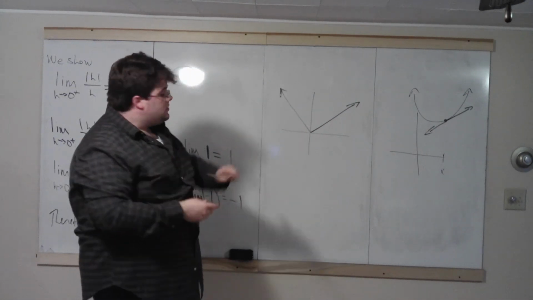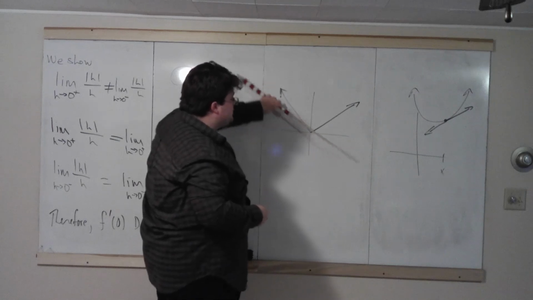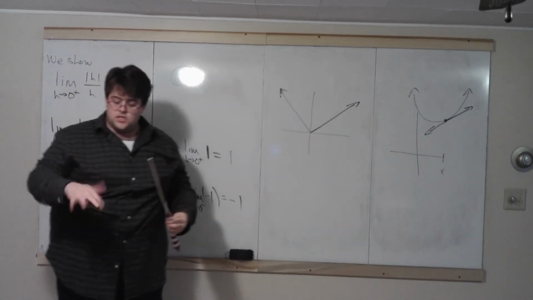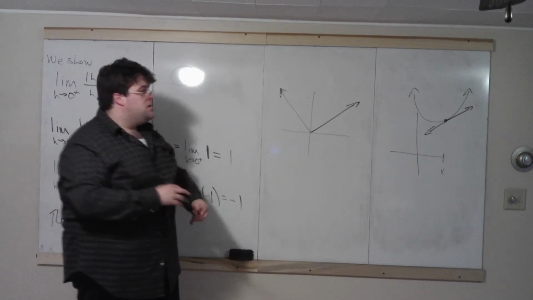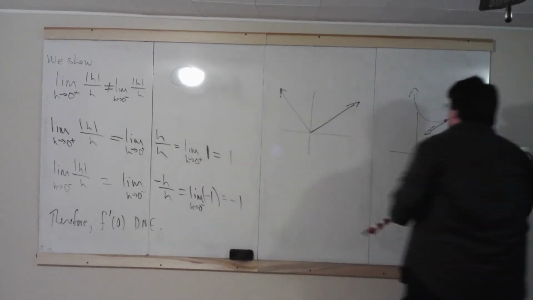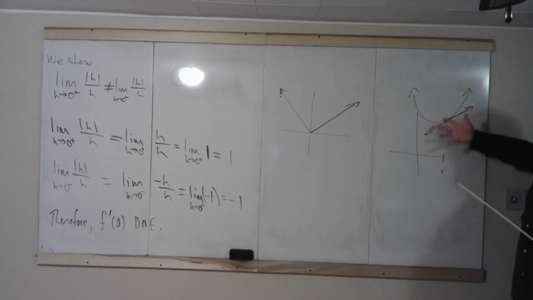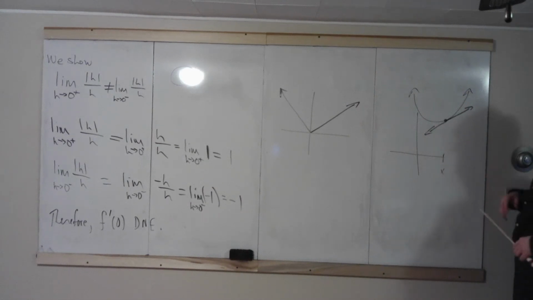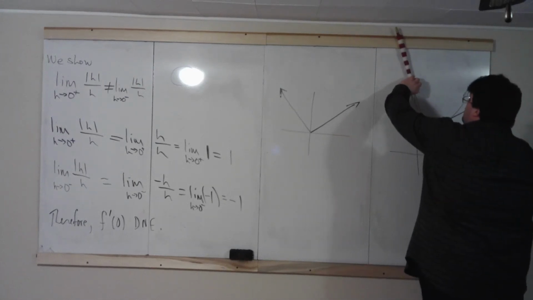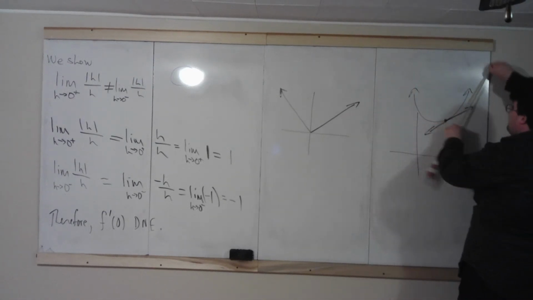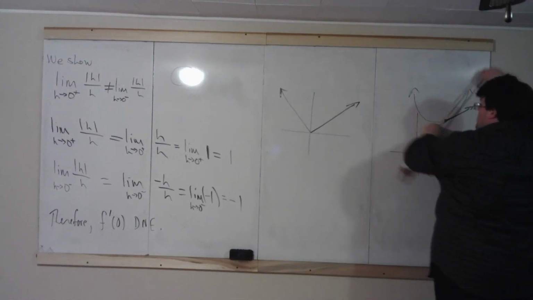These tangent lines aren't traveling through this curve in a smoothly consistent manner, like they are on, say, a parabola, where the derivative will always exist. The parabola, your tangent lines flow nicely through, back and forth.